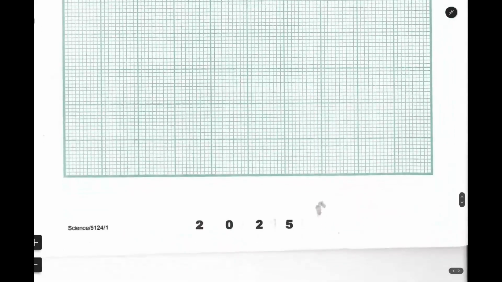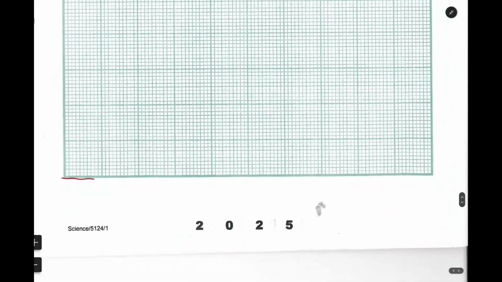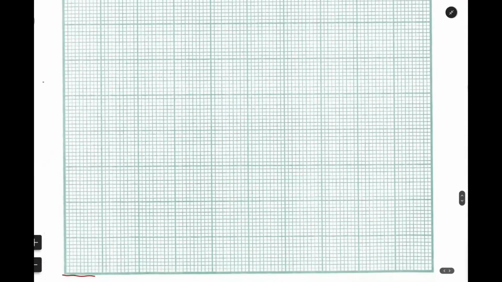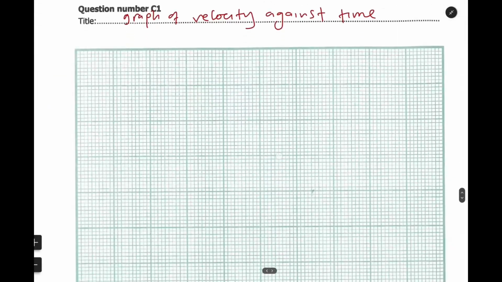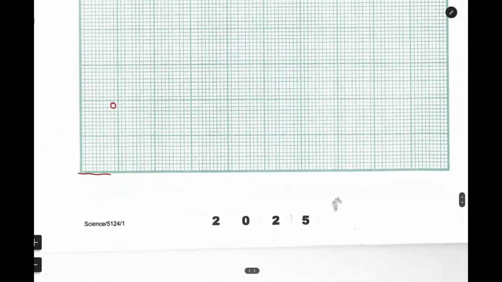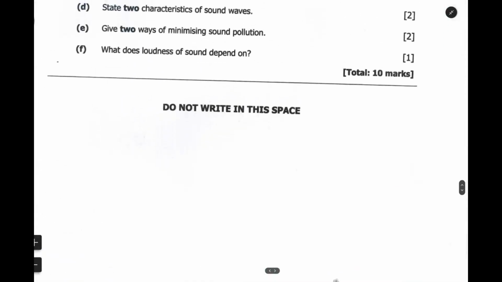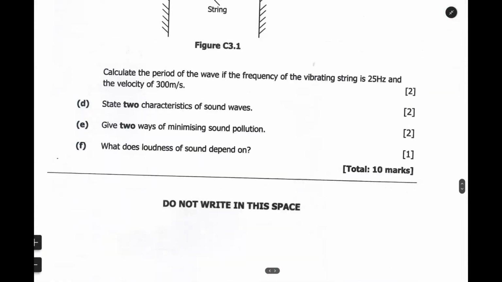Here, I recommend you leave out this line where it is coming from here. Then you can start from any point. This is the velocity time graph. So I can start from here as my 0. Then going up, what am I going to use? I can move in tens.